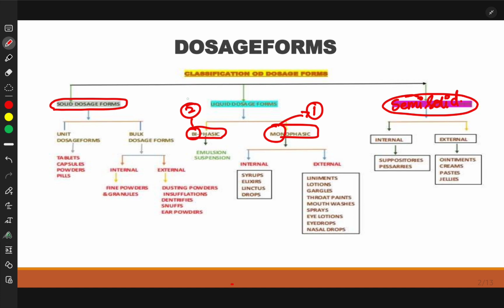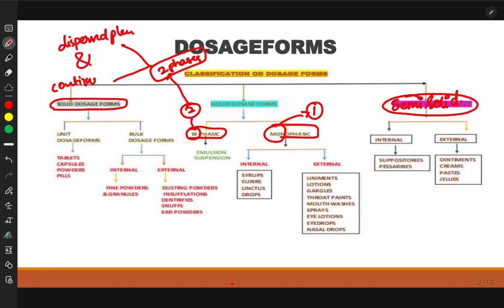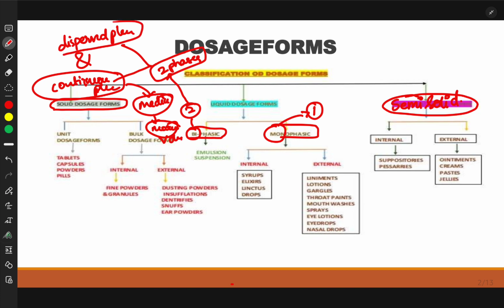Here, bi means consisting of two phases: the dispersed phase and the continuous phase. We can call the continuous phase the medium also, because it is in more concentration, more volume or content. The dispersed phase is less concentration or less content.